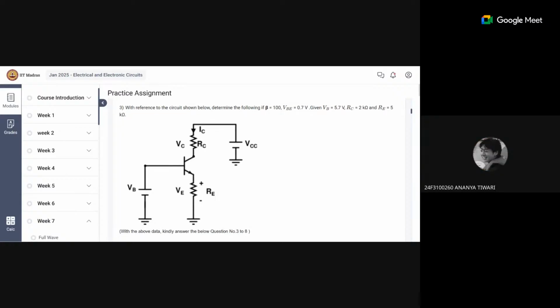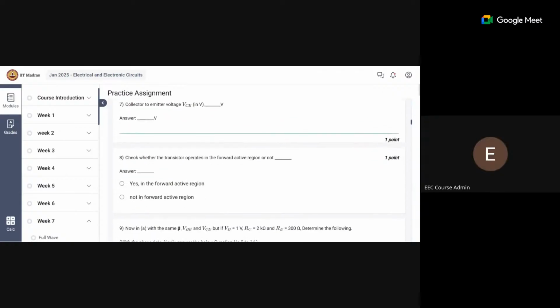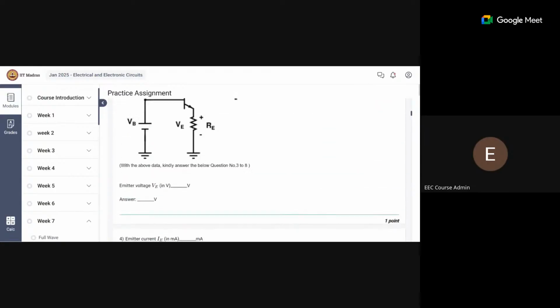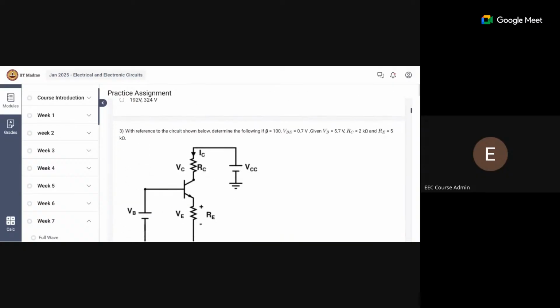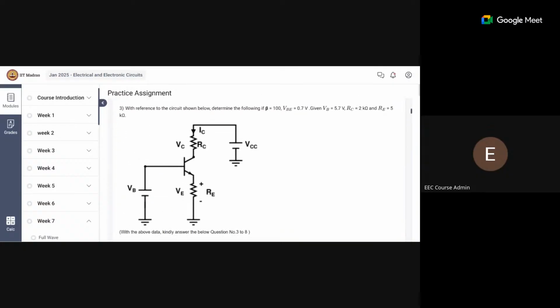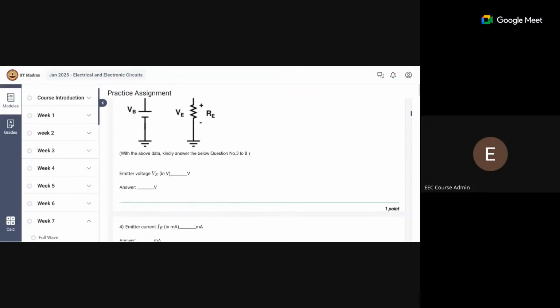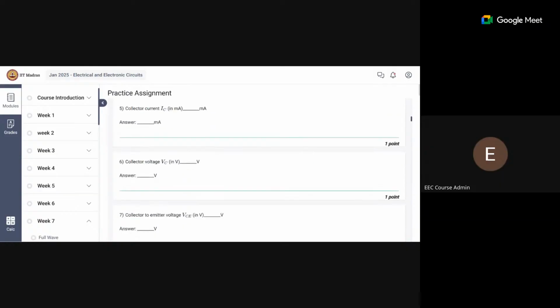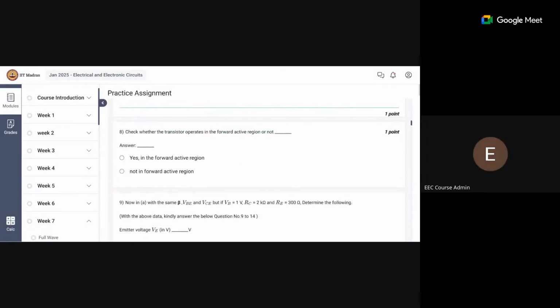No, no, this ninth question you're talking about is actually with reference to the circuit which we saw right now. These are common data questions. With regard to this circuit, you're asked about IB, IE, IC, VC, VCE, then to check whether it is in the active region or not.